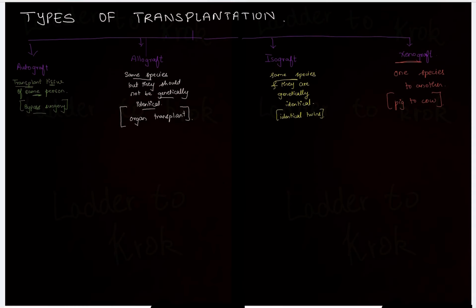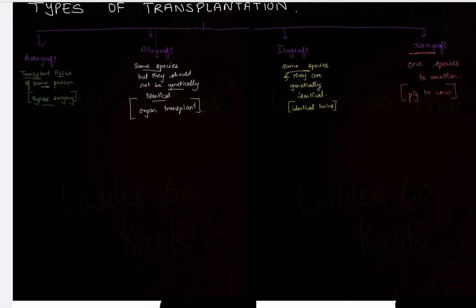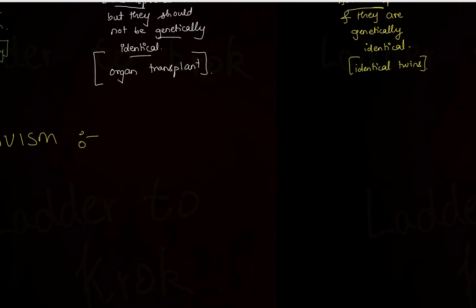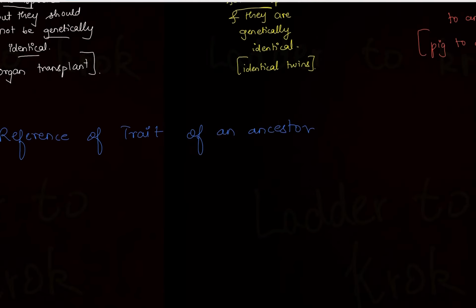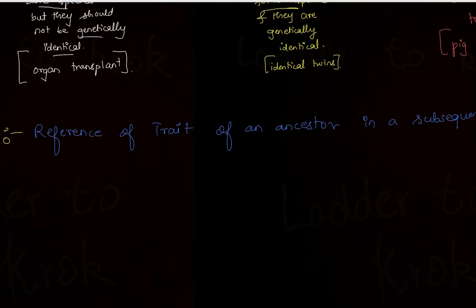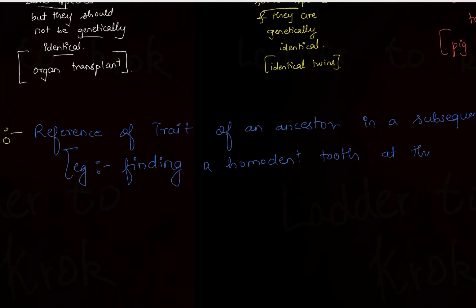So let's move to another topic, that is atavism. So write down a new topic, atavism. Now what does this mean? Write down atavism. It is a reference of trait of an ancestor in a subsequent generation. For example, finding a homodont tooth at this era means our 21st century.